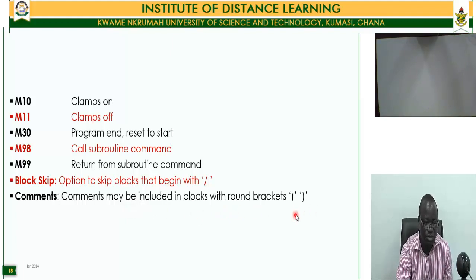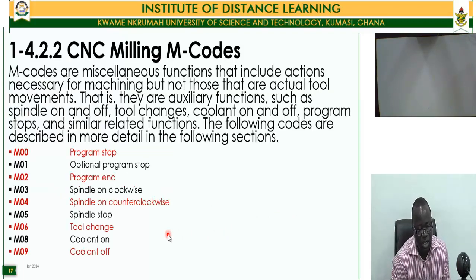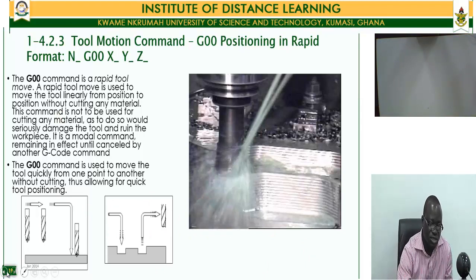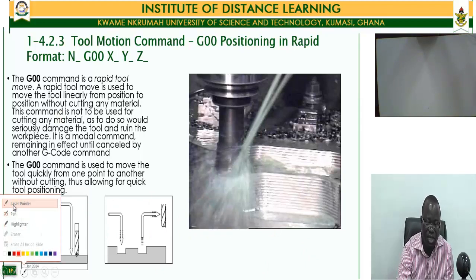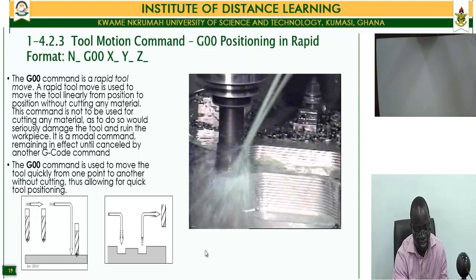Okay, so let's look at this. That is the first command. So we're now going to take the commands in detail. And the first command is the G00. The G00 is basically a rapid movement of the tool. Now, if you take a typical CNC program, the format is that the command line starts with an N and then an integer.